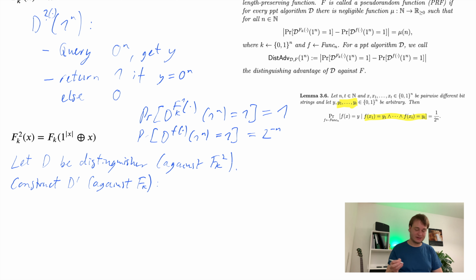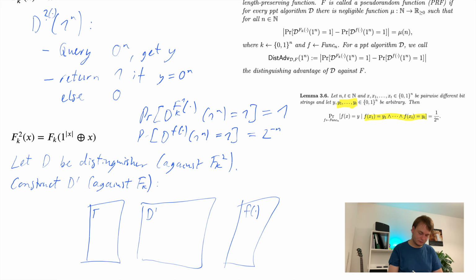So the image for this looks like this. This is the scenario that our distinguisher D prime is in. Basically, it will run some code and it can query a function. It doesn't know which of two possible functions it will query if it does. Meaning that either its queries will go to fk, or its queries will go to a properly random function f.